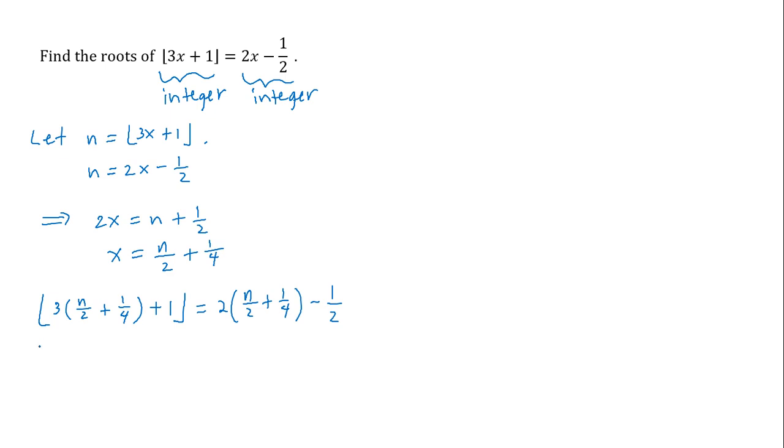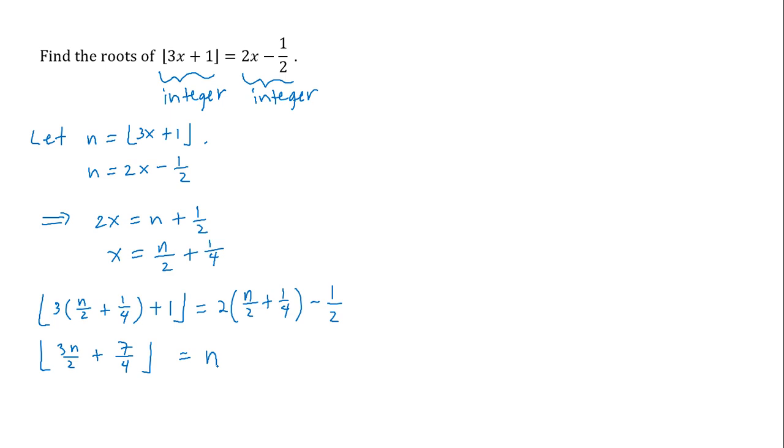We should have the floor of 3n over 2 plus 7 over 4 equals, this is 2 times n over 2, that's n, 2 times 1/4, that's 1/2, minus 1/2, that's 0. So we have n in the right-hand side.